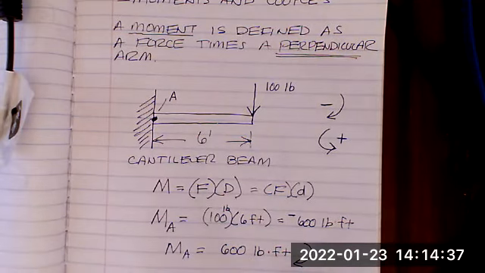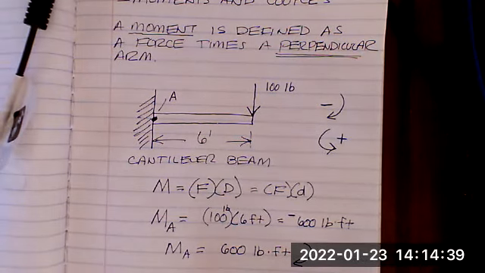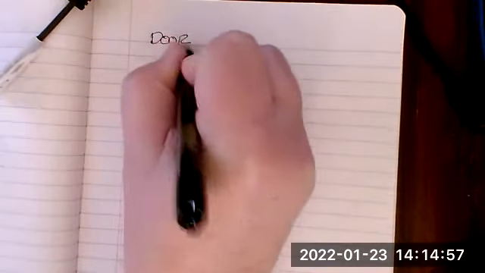All right. So let's look at another example. Let's take a door. You know, the door has a hinge on it, right?